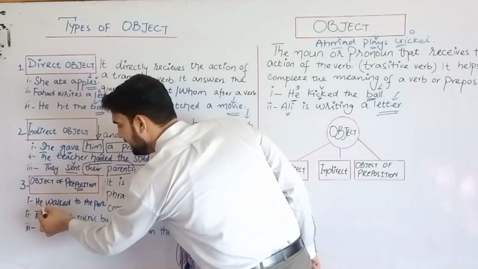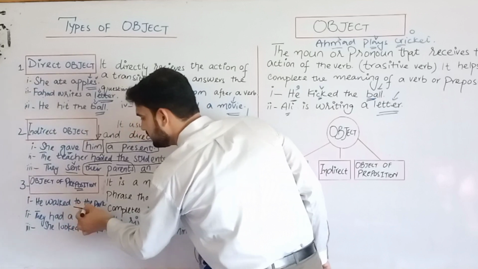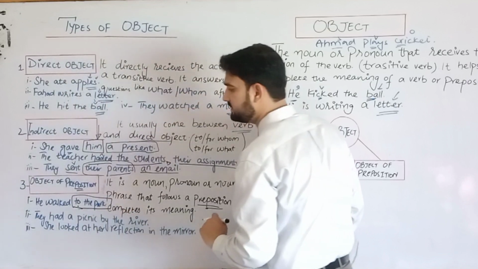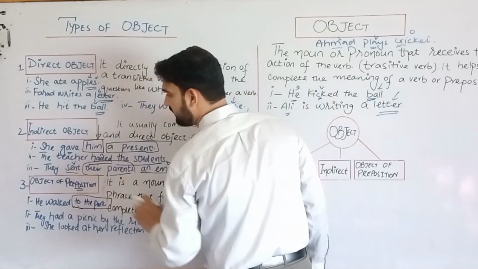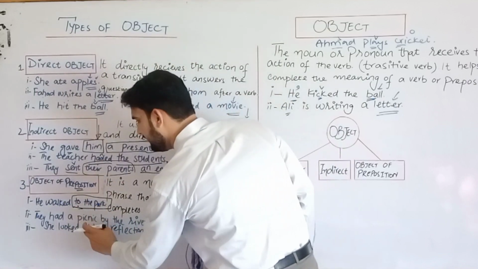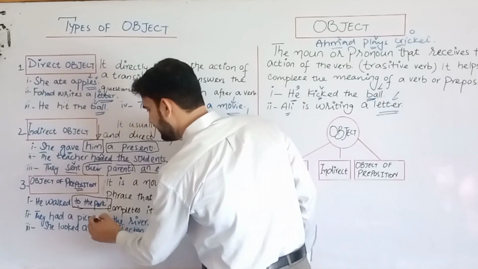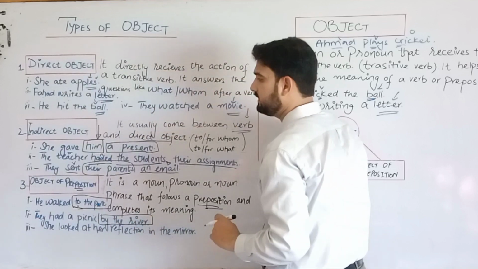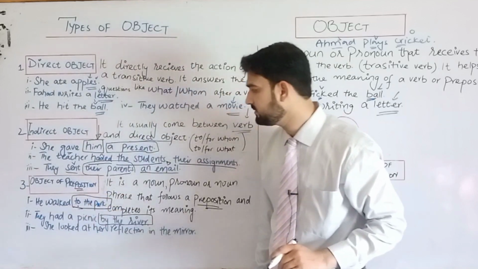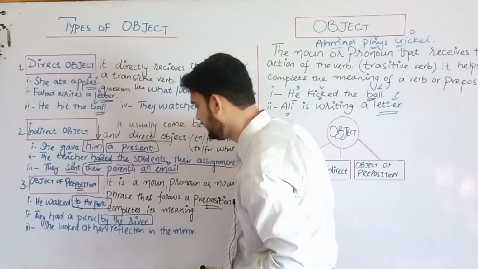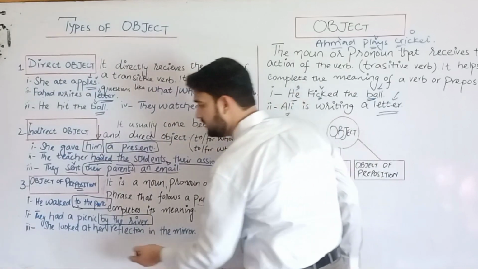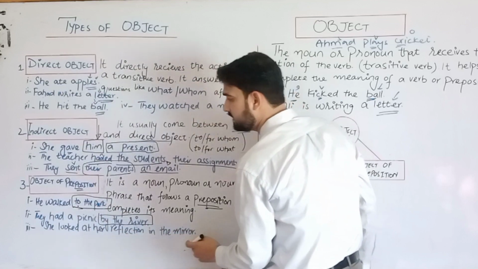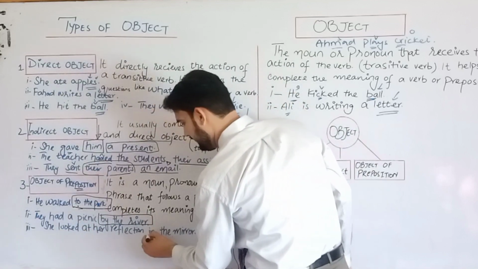For example, he walked to the park. So in to the park, it follows the preposition to, and the park is the object of that preposition. They had a picnic by the river. So by is a preposition here, and the river is the object of that preposition. She looked at her reflection in the mirror.